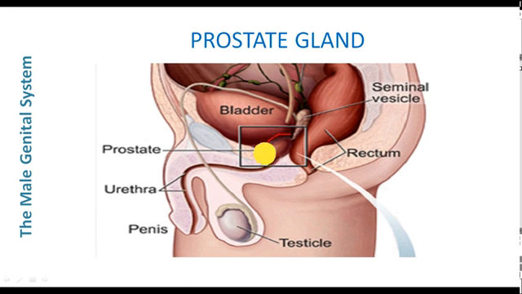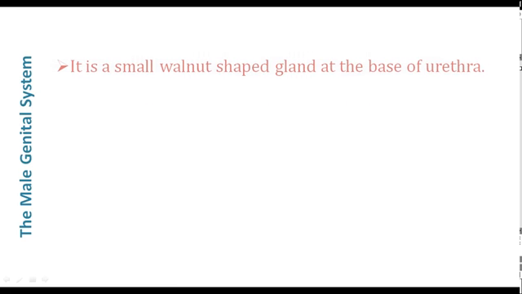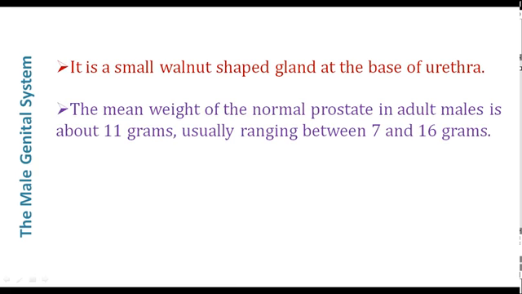The prostate gland is present at the junction of the excretory duct and the ejaculatory duct. It is a small walnut-shaped gland, very hard and fibrous.